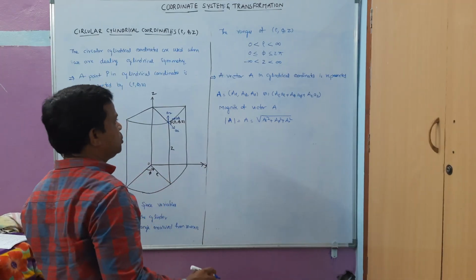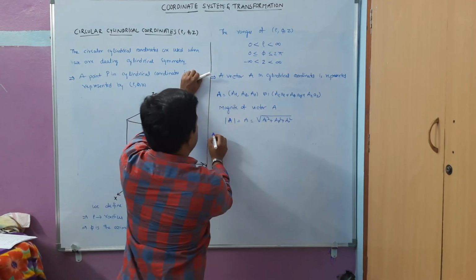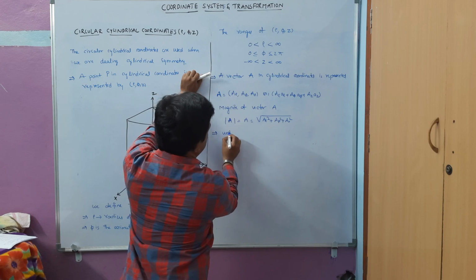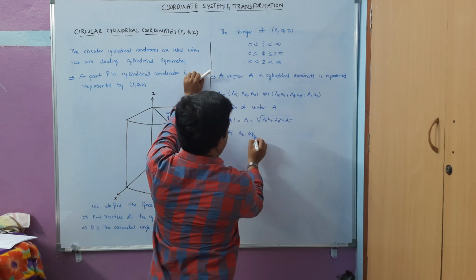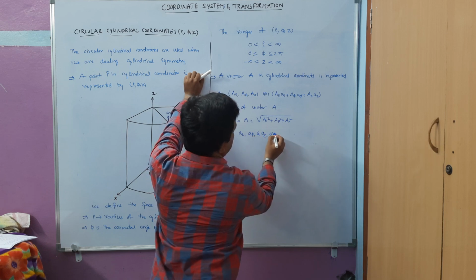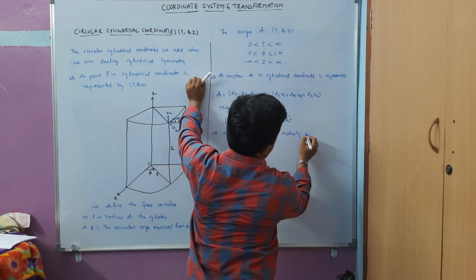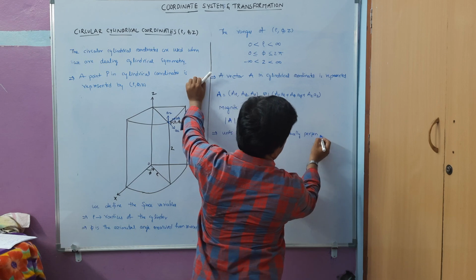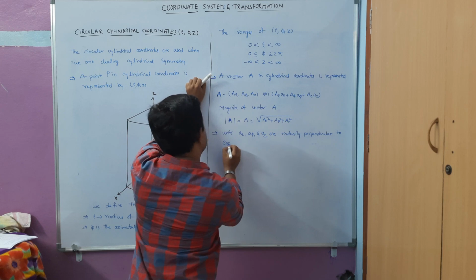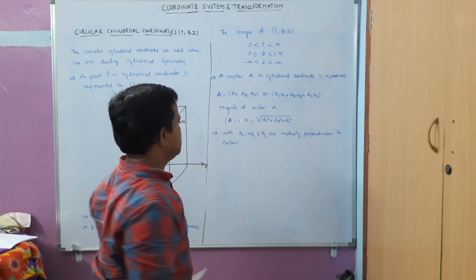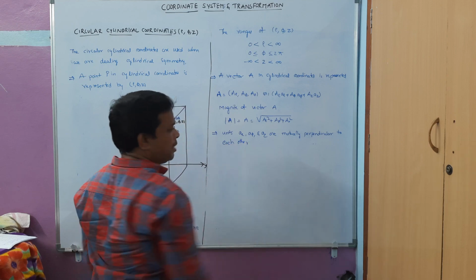Okay, now we have to remember that we know already the unit vectors a rho, a phi and a z are mutually perpendicular to each other. So now I can take the dot product.